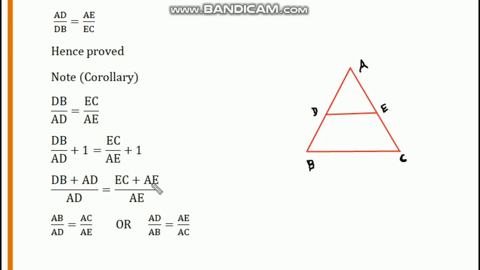So EC plus AE. So DB plus AD. See this, DB plus AD, we can write AB by AD equals EC plus AE, EC plus AE equals AC. So AC by AE, or we can take the reciprocal, AD by AB equals AE by AC.